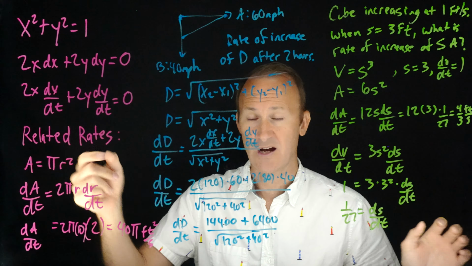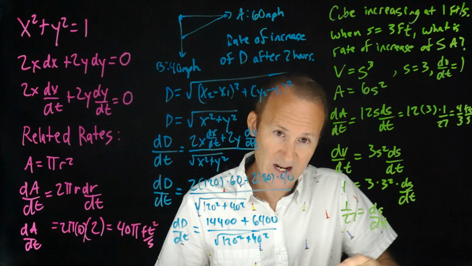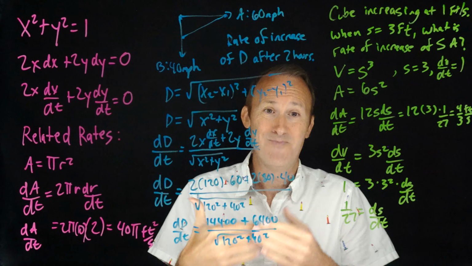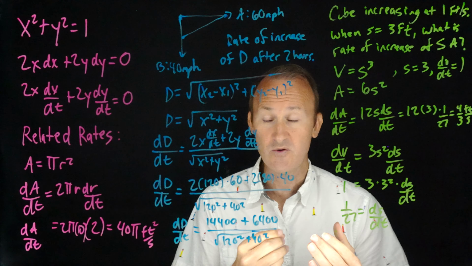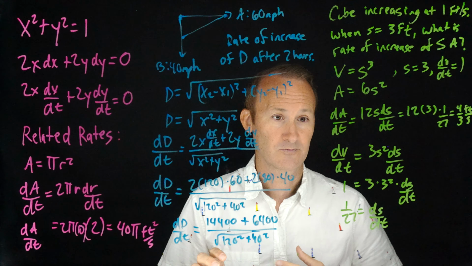So this allows you to solve some really cool problems. Like, you could measure in an oil spill how quickly the spill itself is moving out, which is the rate of change of the radius over time. But with a little calculus, you can use that to figure out how the entire spill, the entire circle, is changing with respect to time.